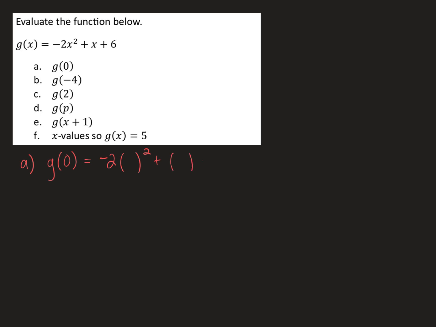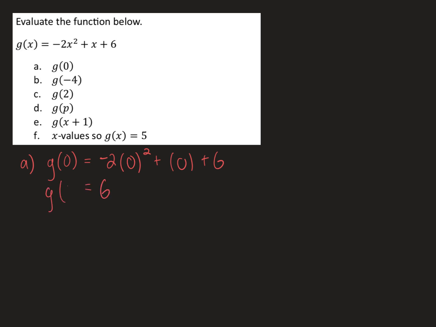So I'm going to write this out like this to begin with so I can hopefully make this be clear, is that there used to be an x here, now it is 0, which means there used to be x's here, which you can see by these parentheses, which will become 0. And you can simplify all of this down to become 6.